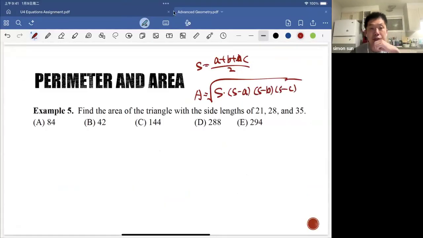Let's do a small practice. I just issued the pop survey here, so if you got the answer, you can just select the choice.